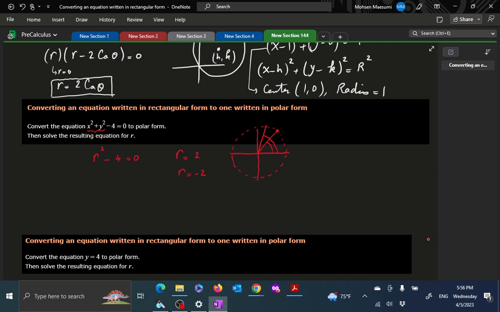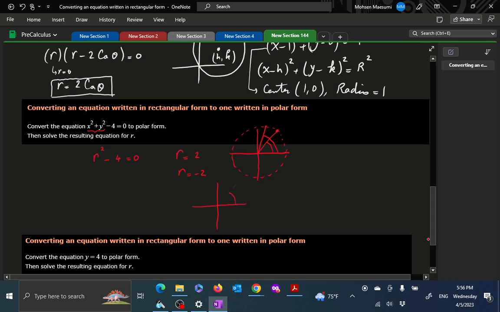Who is r equal to minus 2? Any angle that you have, you draw the angle, and then on this axis you go to minus 2. So that one we were going to 2, this one we are going to minus 2. So as we go up, we are covering the point down here.